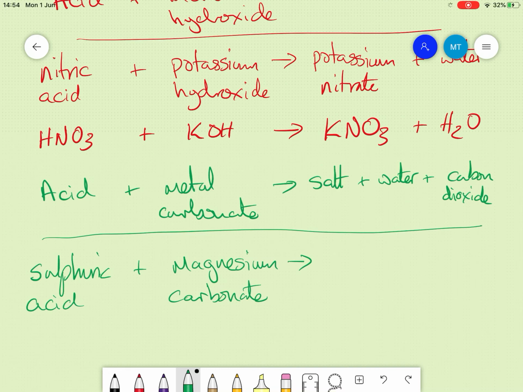Now the salt is going to be a sulfate salt, and the metal bit from this magnesium carbonate, so it's going to be magnesium sulfate plus water plus carbon dioxide.